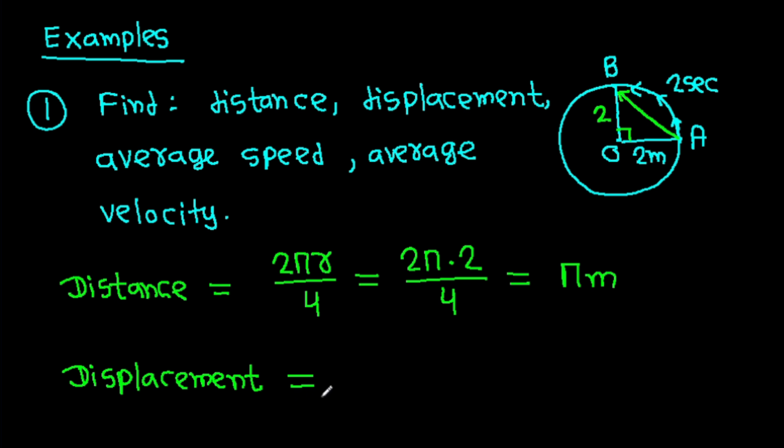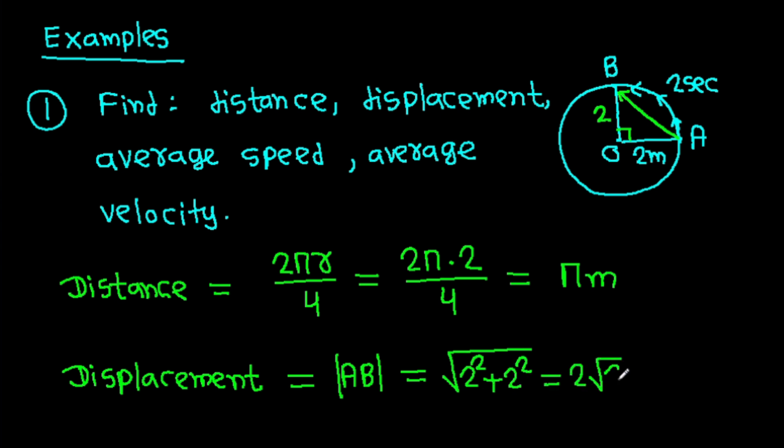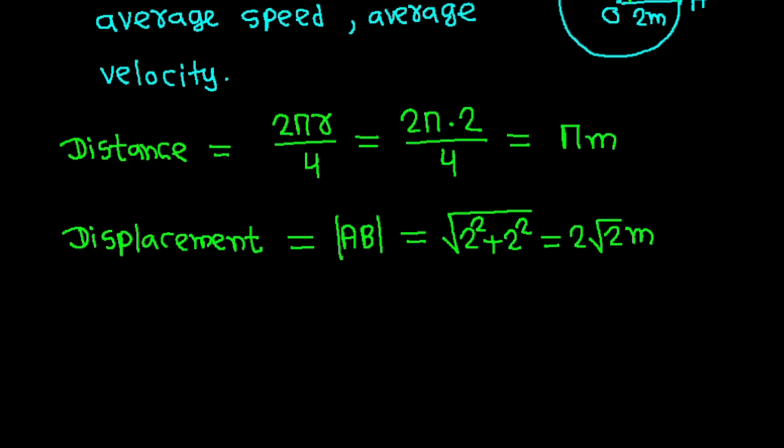So displacement will be magnitude of AB, that will be root under 2 squared plus 2 squared, that will be 2 root 2 meter. In the vector form, we can say that displacement is 2 in minus i direction and 2 in j direction.